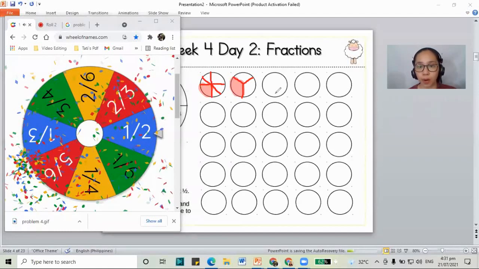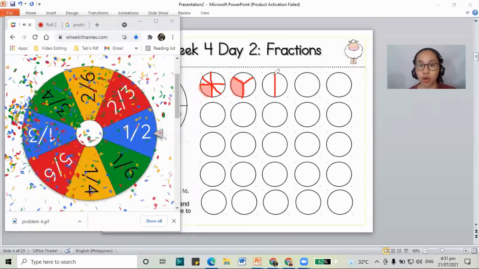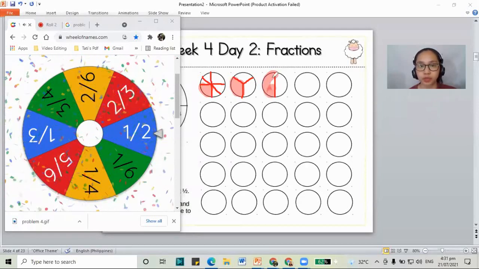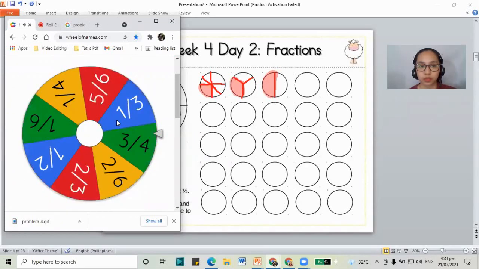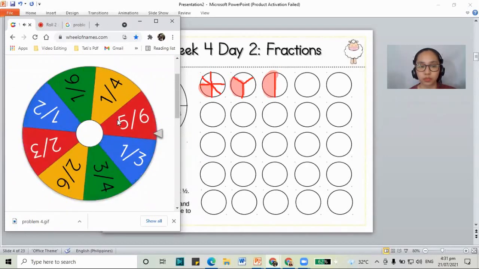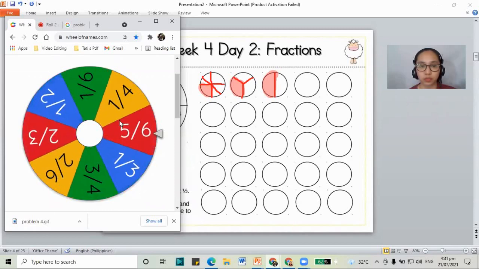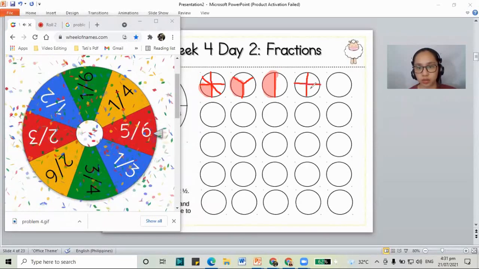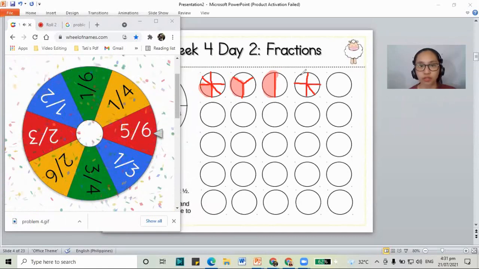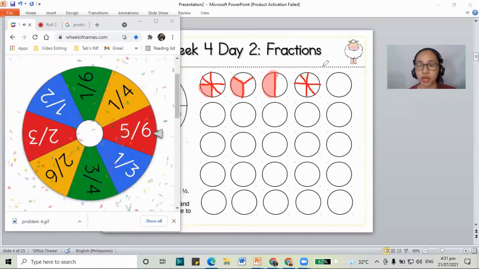There are 2 parts, but you need to only take 1. We have 5/6. And how many parts do we take away or color? There should be 5. 5/6. Next one.